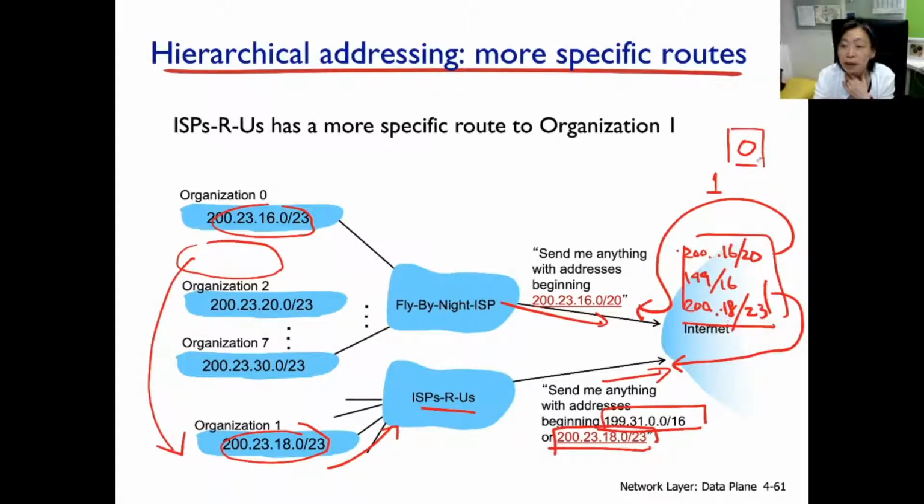So a packet going for destination organization 0 is going to travel down to organization 0. So setting up the forwarding table this way, not a problem. Similarly for organization 2 and 3 and all the way to 7. As long as the destination IP address is matching this, it's going to come down this way.